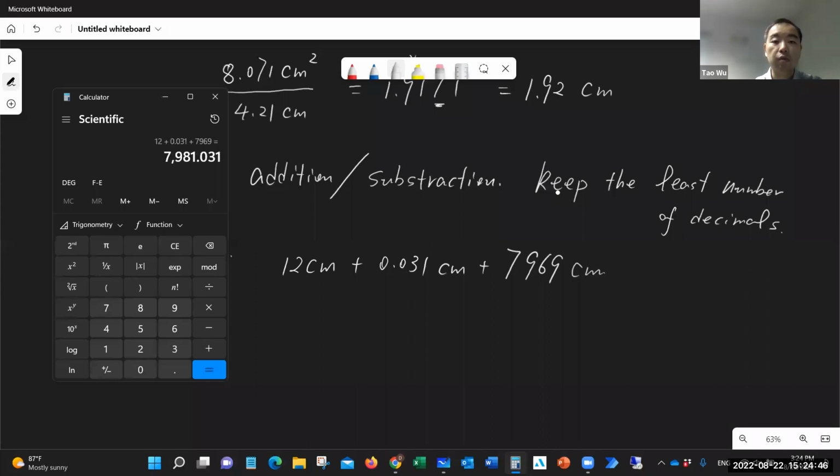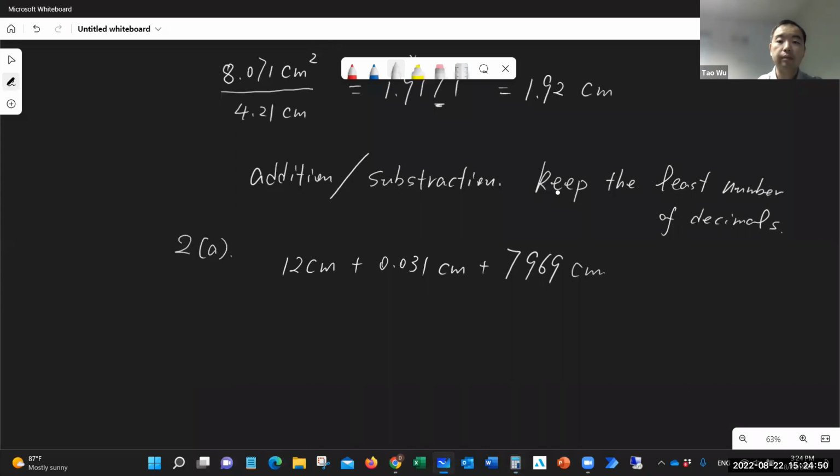And this is your number, 7981.031 centimeter. For addition, the centimeter unit is just carried along.